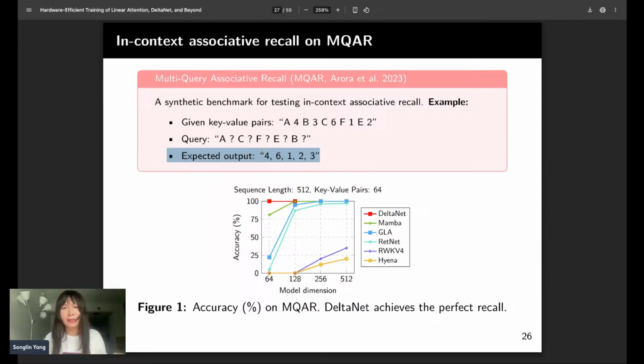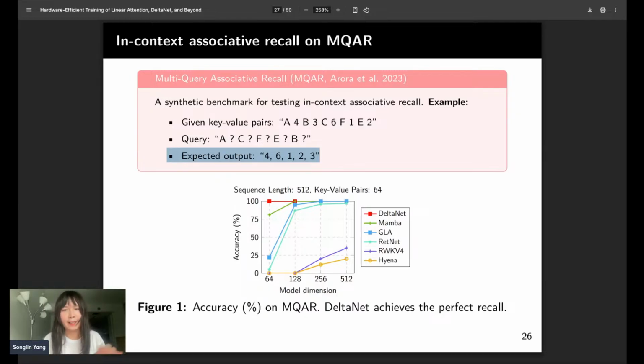Although this task is very simple, the softmax transformer can solve it perfectly. But for other sub-quadratic models like Mamba, GLA, and RetNet, when the model dimension is small, they cannot achieve perfect performance.